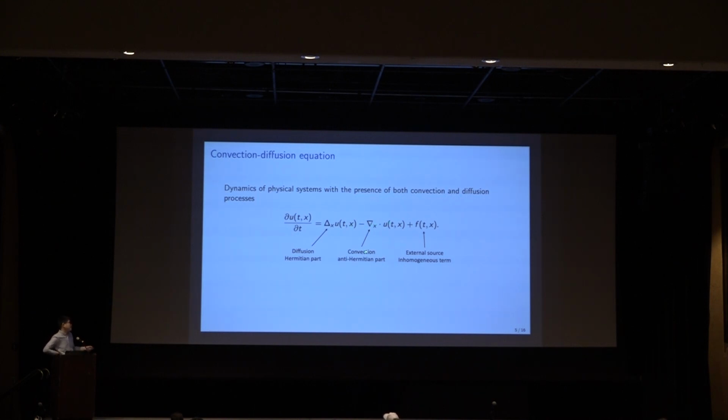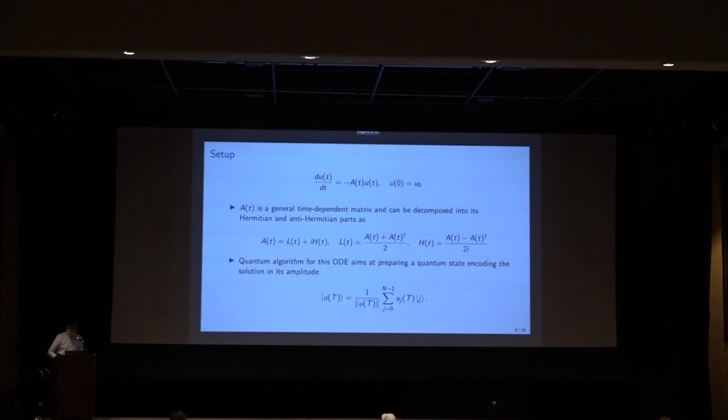Of course, we probably have some external force or extra source in the evolution. In this equation, we have both a Hermitian part, which is the Laplacian operator, and an anti-Hermitian part, which is the convection operator, because it preserves something. So the evolution operator again becomes general and non-unitary. So this is another example.